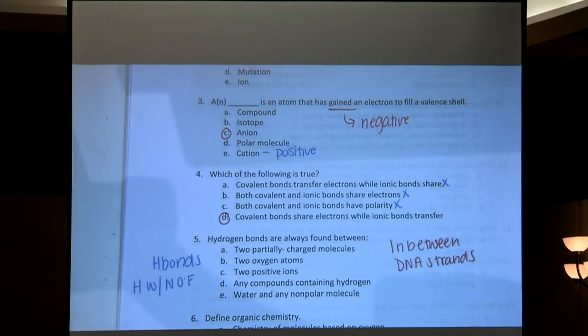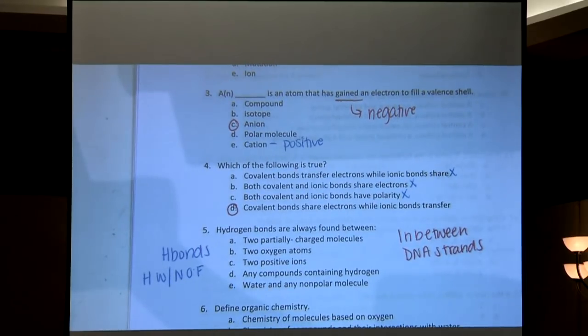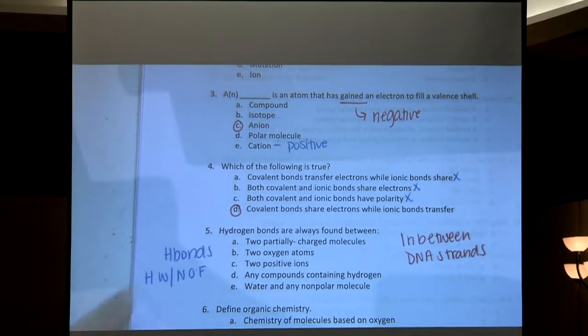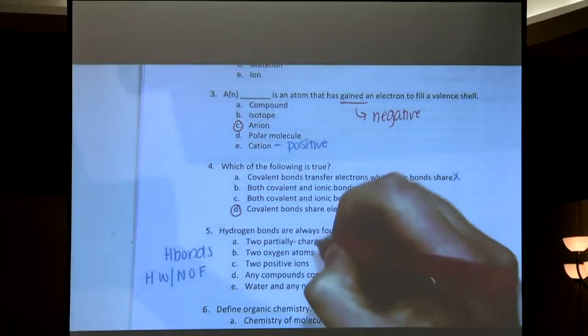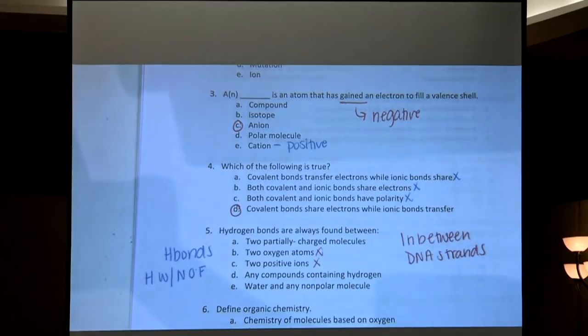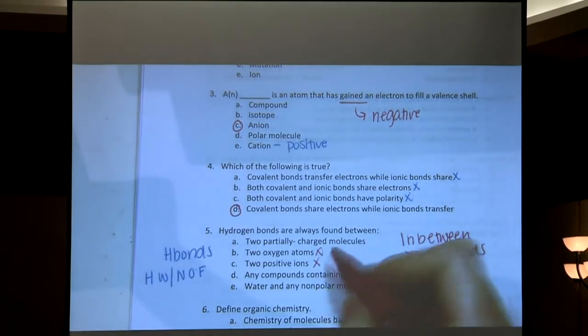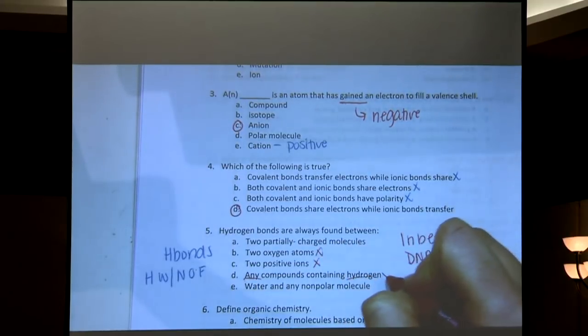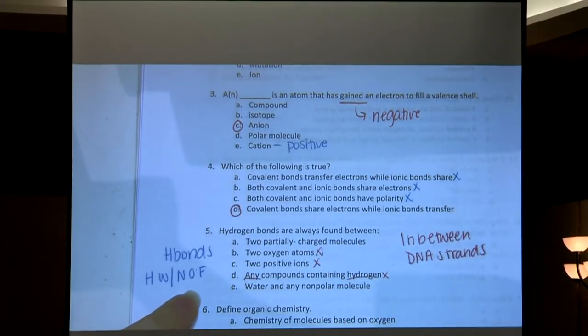For hydrogen bonds, we at least have to have the hydrogen aspect, and this is really going to be looking for where we have a difference in polarity. Think again about water molecules. It won't be between two oxygen atoms. It won't be between two positive ions. It won't necessarily be between any compound containing hydrogen. It has to have nitrogen, oxygen, or fluorine.